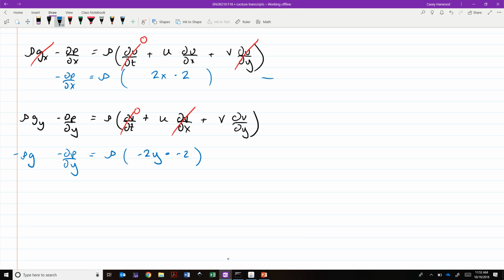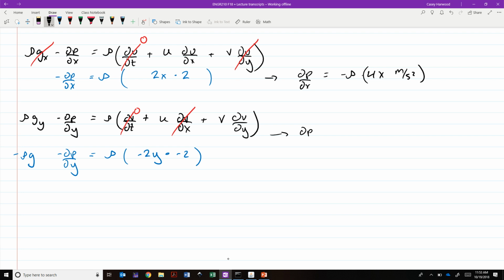So carrying this over, we end up with dp dx equal to negative rho times 4x meters per second squared.